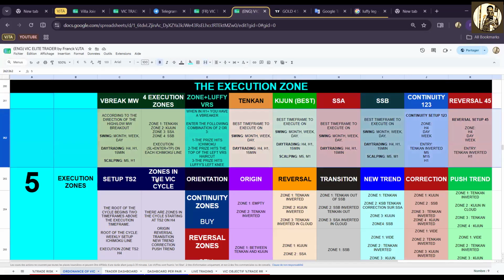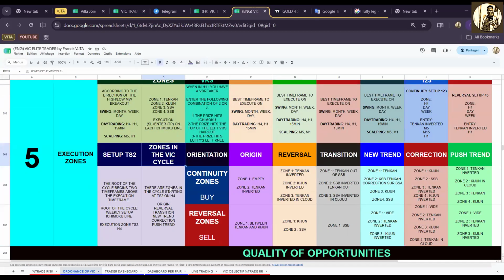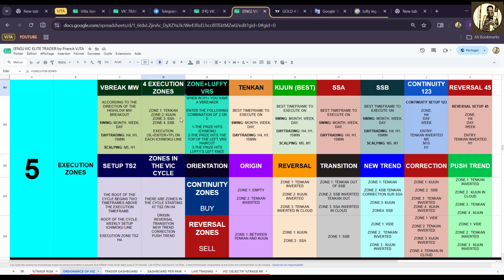Now let's look at the Vegeta Ishimoku cycle zones.